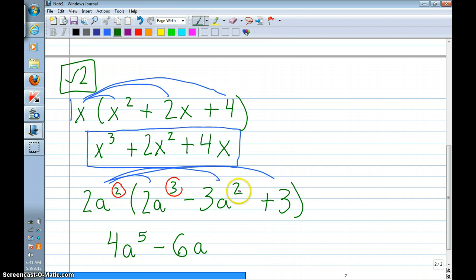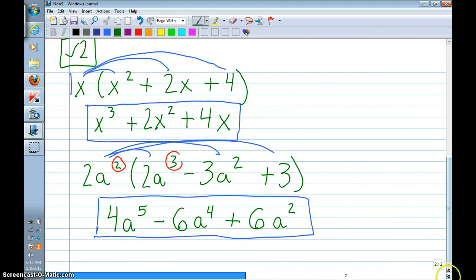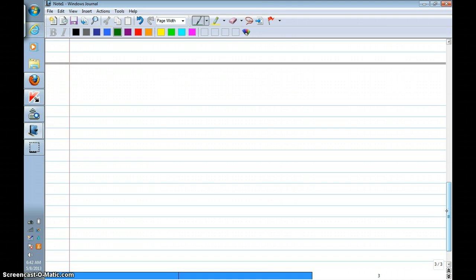I'm adding the powers, 2 and 2 is 4. Then 2 times 3 is 6, and I'm just left with a squared. And that's the simplest form I can go. So use the distributive property for those first few, and make sure with the variables that you add the exponents.